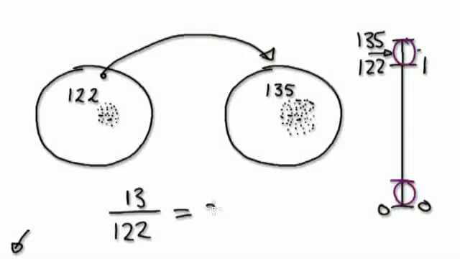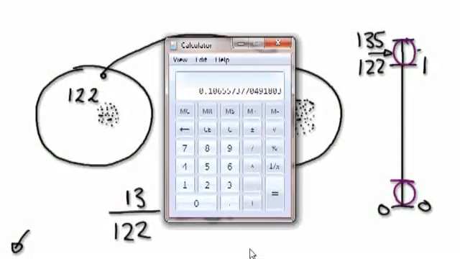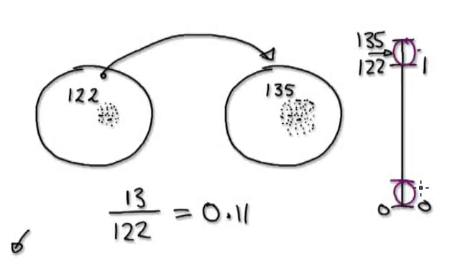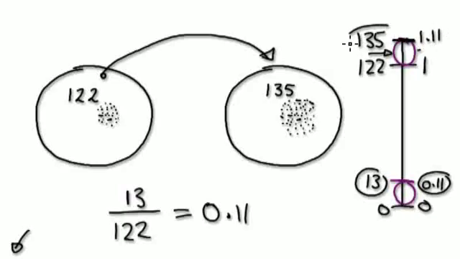We're going to round off, so 0.11. So if you move it down here, the 13 level will be at 0.11. So this thing here is at 1.11 at this level. Because you want to know the percentage increase, there's an increase of 11%. Okay, so here there's an increase of 11%.